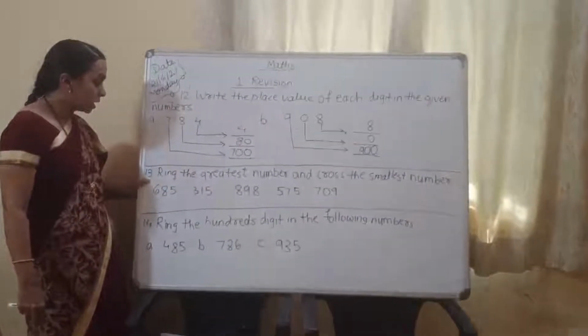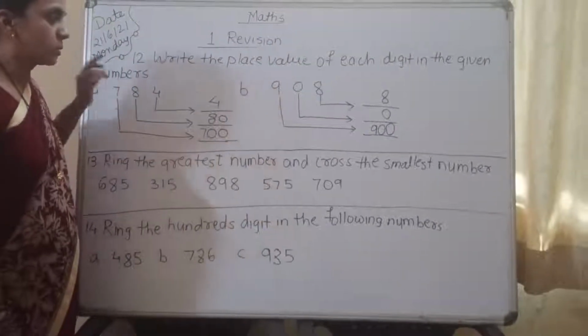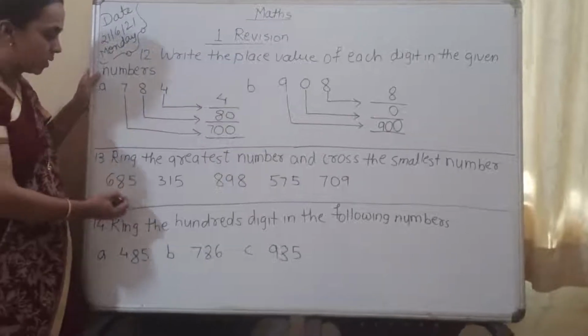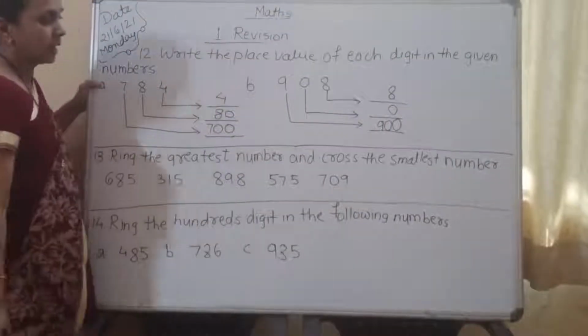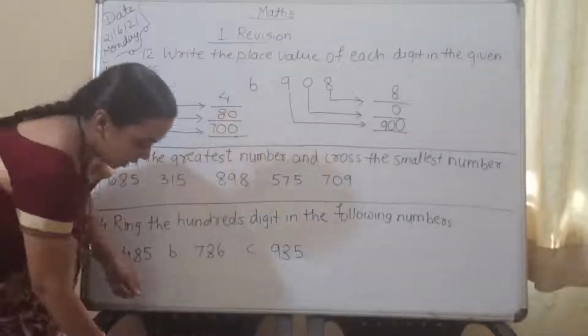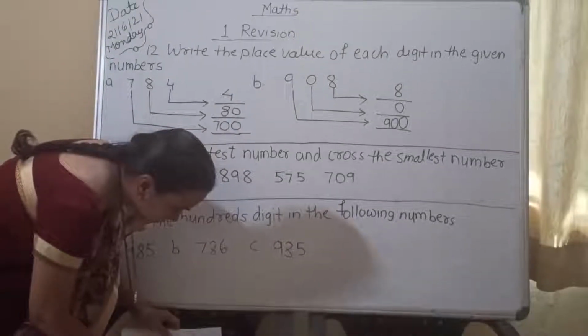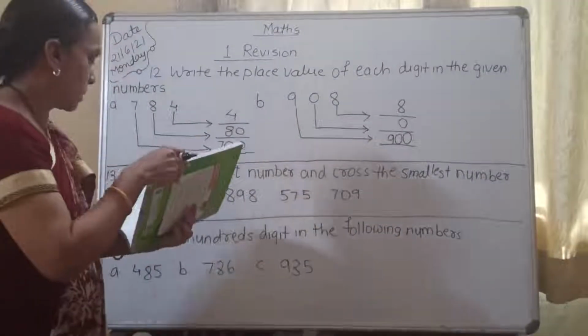Now see 13th question. Ring the greatest number and cross the smallest number. See here 1, 2, 3, 4, 5. 5 numbers are given here.